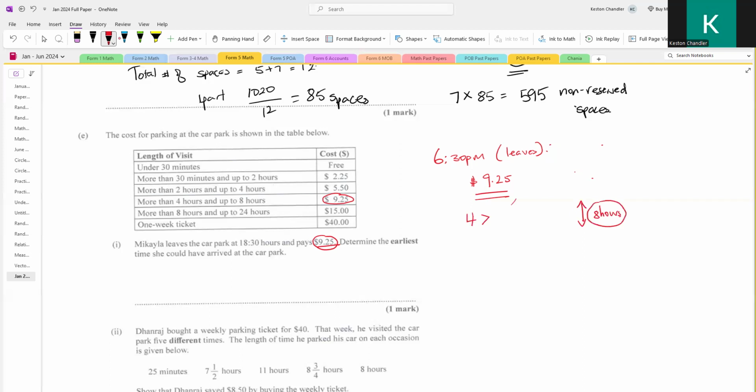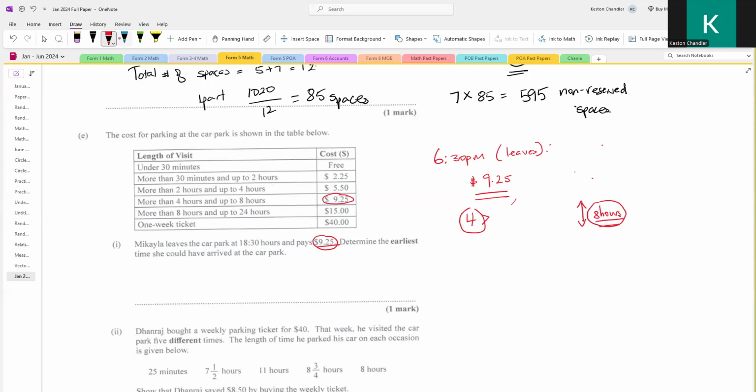She could have arrived 8 hours before 6:30. That's the earliest she could have gotten there. The latest would have been probably 4 hours and 1 minute, because you will be charged $9.25 if you are there more than 4 hours. Everybody understand that? Earliest means that you've used the entire 8 hours.